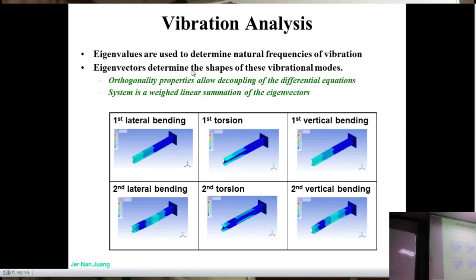The phi, the transformation phi, that's the mode shape. So they do have a physical meaning. If you oscillate at the same frequencies, then your vibration motion is just like this.